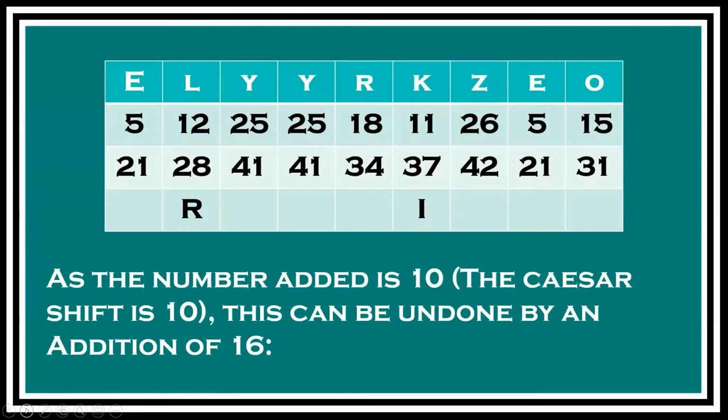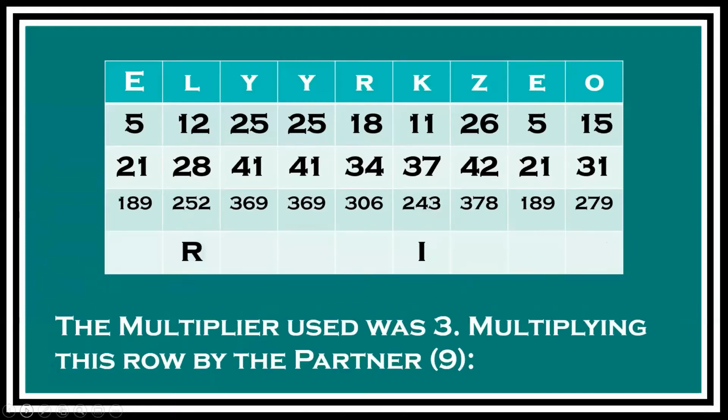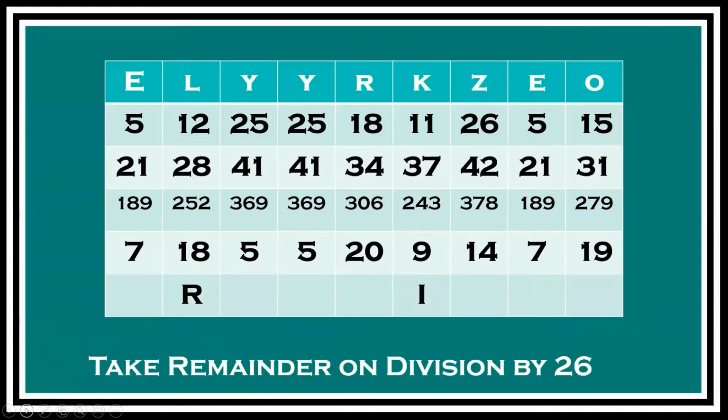Next comes the undoing of the multiplier. So to undo a multiplier of 3, we need to multiply by the partner, which is 9. So 21 times 9 is 189. 28 times 9 is 252, and so on to work out the third row of numbers. Then we need to take the remainder when you divide by 26.